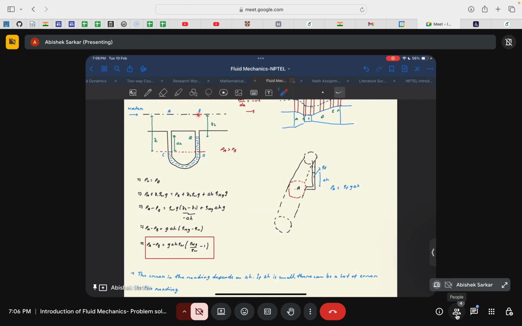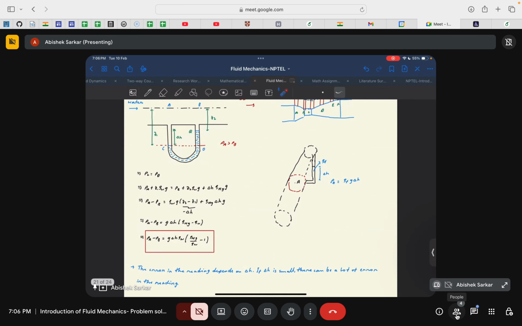From point B to Q, you will have PB plus rho W Z2 G, plus from point Q to D, you will have delta H times rho Hg times G. Now if you do the simple manipulations, you will have PA minus PB equal to rho W G times Z2 minus Z1, plus rho Hg delta H times G.